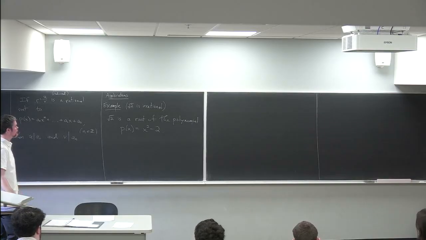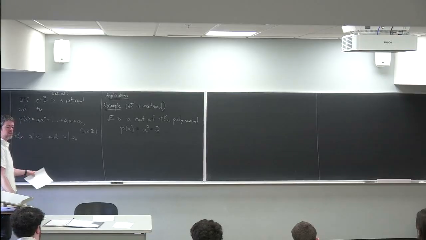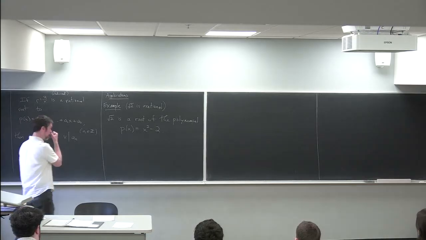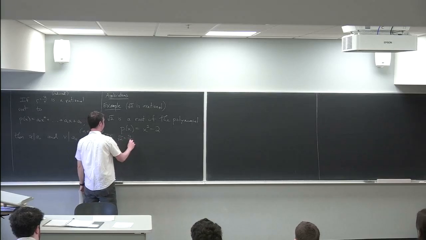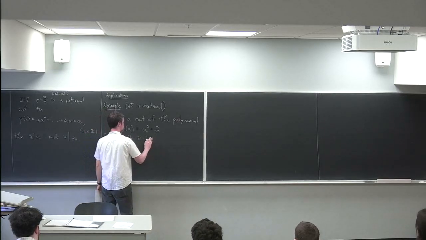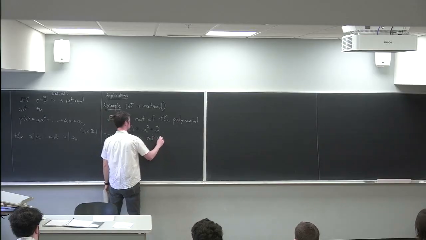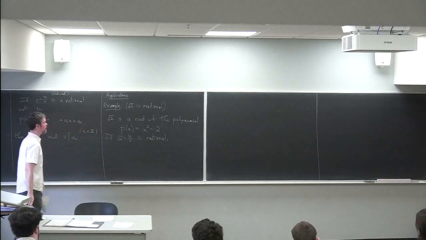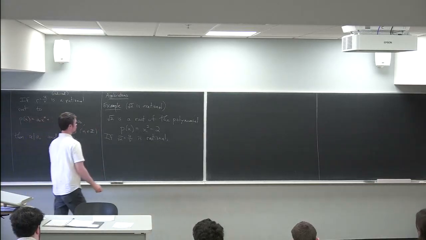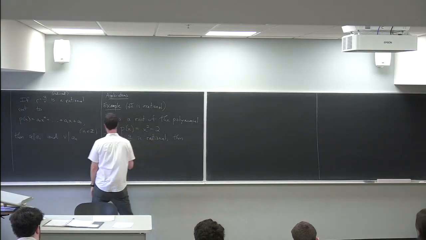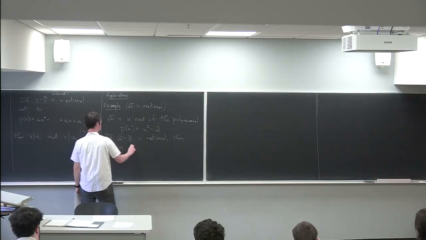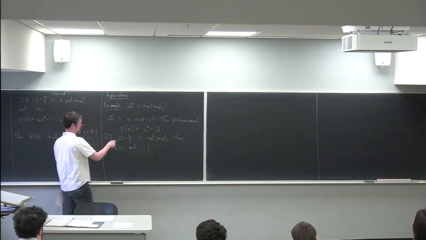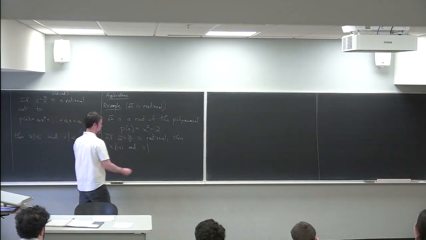So if you wanted to argue why the square root of 2 must be irrational, you can use the rational root theorem and say, if it somehow were the case that the square root of 2 was rational, then u would be a divisor of the constant term, which is -2. And interestingly, v is a divisor of the top coefficient, which is actually 1.